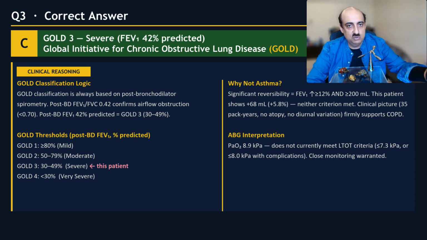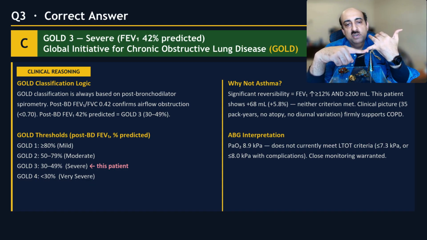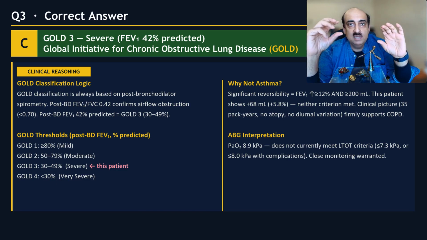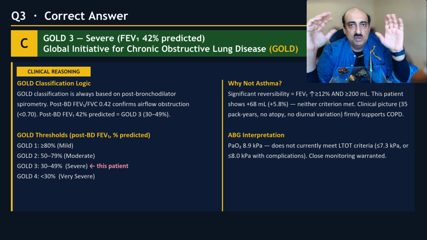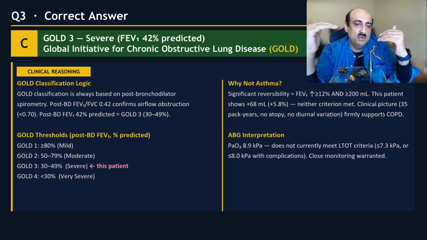It's not restrictive, it's not normal. Then you quantify the severity based on the post-bronchodilator FEV1, which is classified according to different thresholds: above 80, 50 to 79, 30 to 49, below 30. So these are the four thresholds.